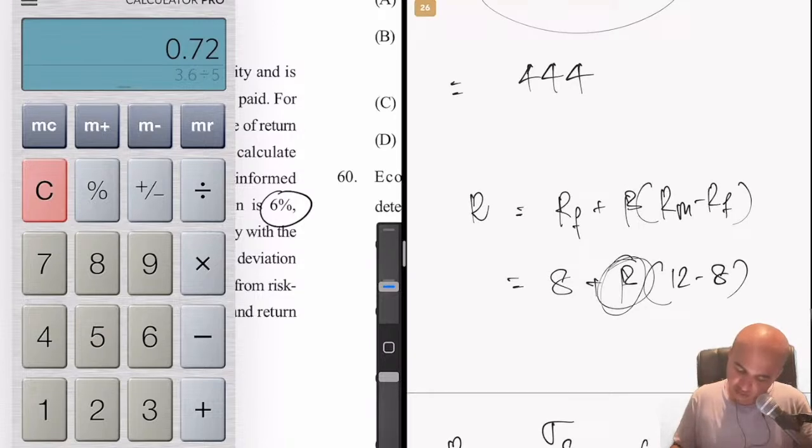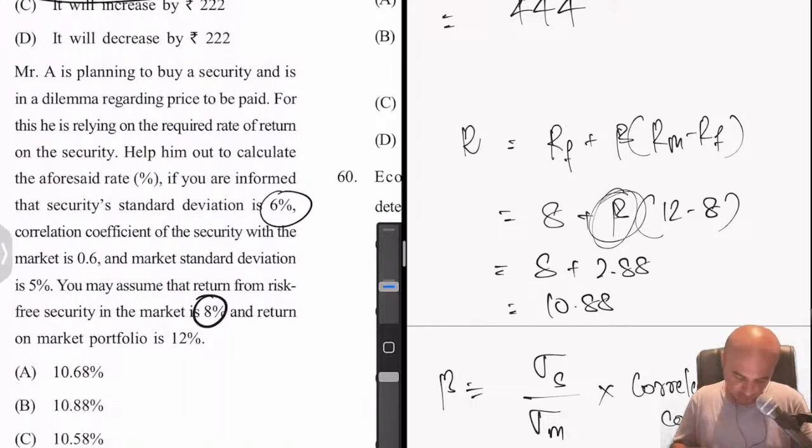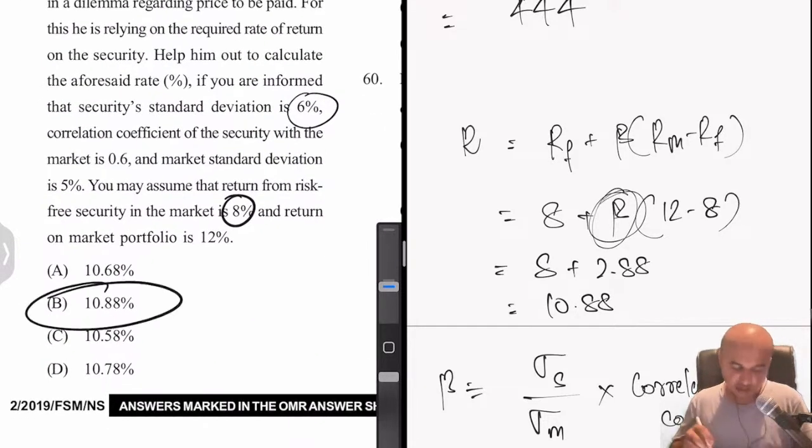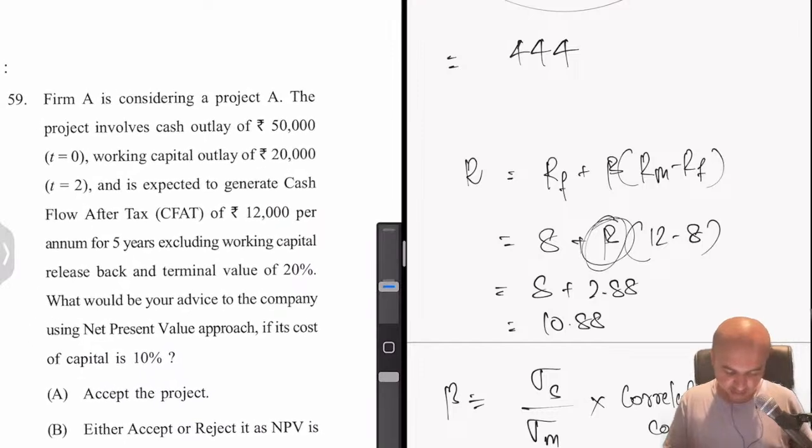Now substitute 0.72 here. This will be 8 plus 0.72 into 4. It will be 2.88. So this will be 10.88. I hope that is there in the options. Yeah, 10.88% is the expected rate here. That's easy, not very difficult actually.